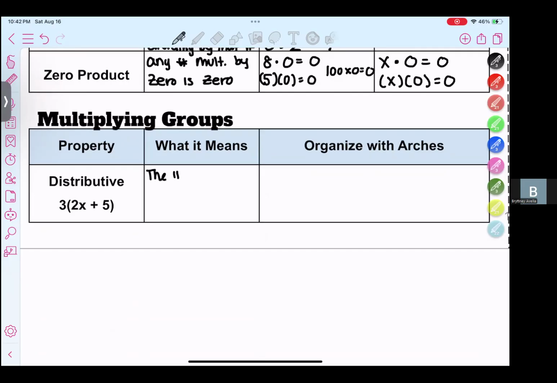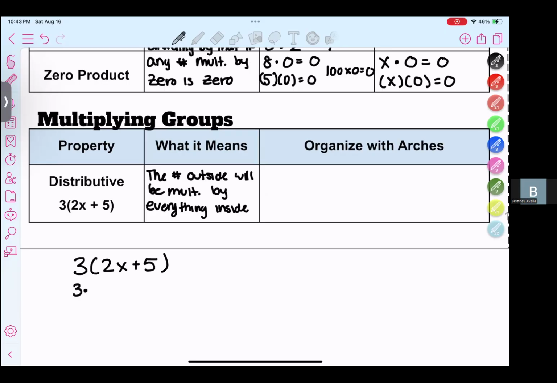So with our 3 times (2x plus 5), that means that 3 is going to be multiplied by 2x, and 3 is going to be multiplied by 5.